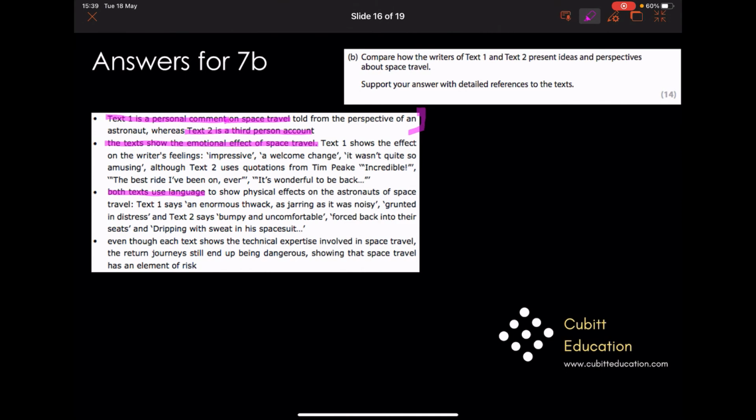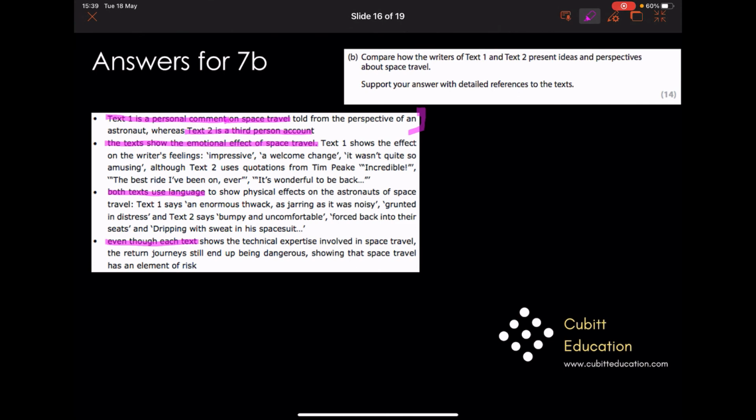Okay. And then another point that was quite nicely written: although each text shows the technical expertise involved in space travel, the return journeys still end up being dangerous, showing that space travel has an element of risk.